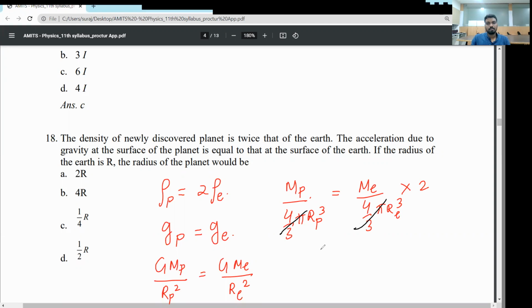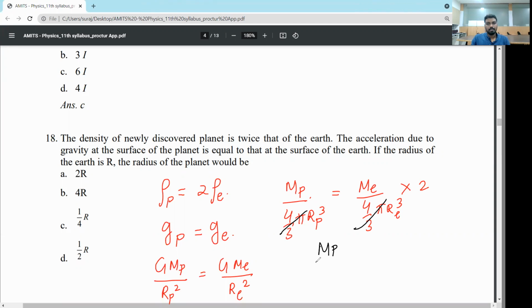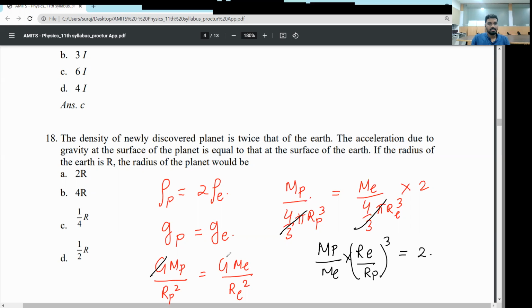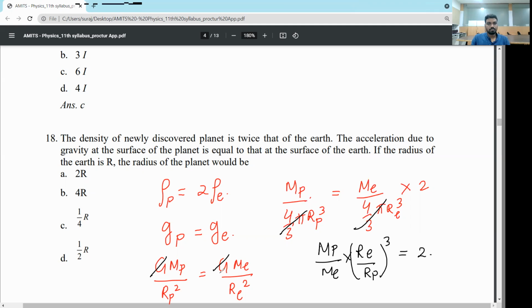Then mass of the planet by mass of the earth into the radius of the earth by radius of the planet whole cube equals 2. So here this gets cancelled. Then mass of the planet by mass of earth is rp square by re square.